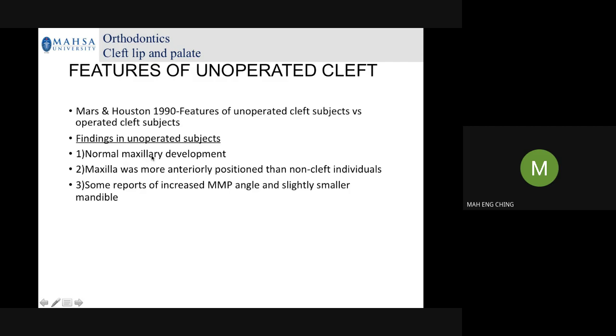They don't have the Class III features. The maxilla was more anteriorly positioned than in non-cleft patients. Some report an increased FMPA, or the maxilla slightly smaller than the mandible, but these are not significant. I'm trying to say if you didn't repair the cleft, then the patient should develop normally, with a normal maxilla and mandible. But if you repair it, then there is a high chance the patient is going to have Class III skeletal features.